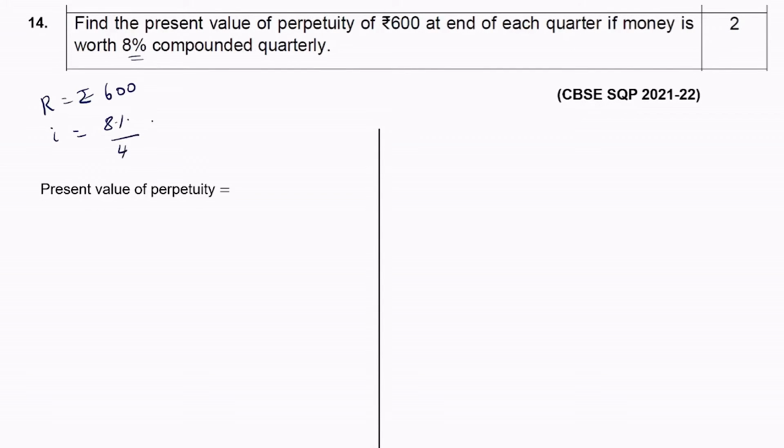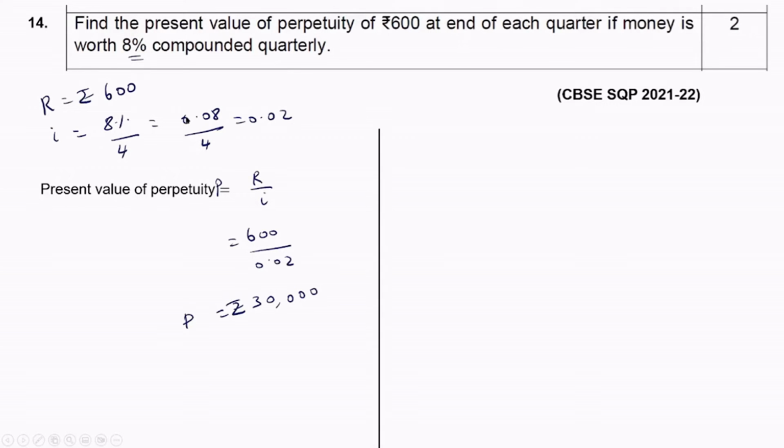So it is 8% divided by 4. It is 0.08 by 4, which is 0.02. Present value of perpetuity is given by R by I. So it is 600 upon 0.02. It is 30,000. So this is the present value of perpetuity.